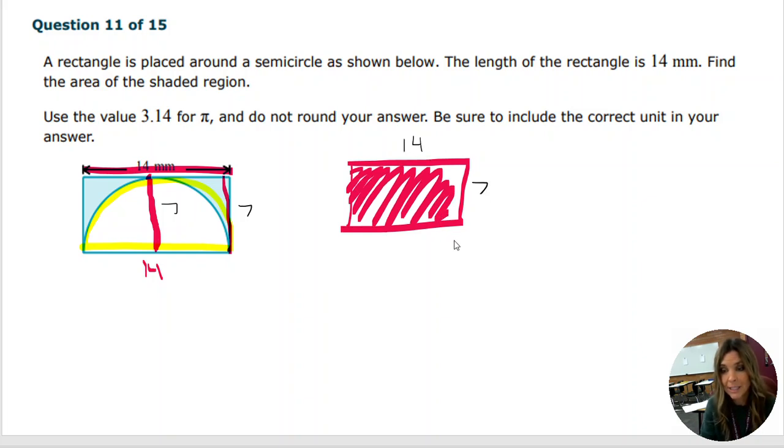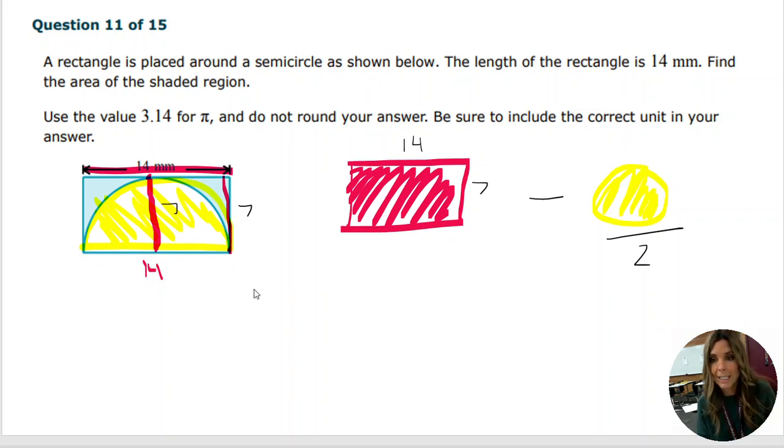We now know that this is 7, and then we're going to subtract out the area of half of a circle. This is only half of a circle. So what we're going to need to do is find the full area of the circle, and then when we're done, we're going to have to divide that by 2 because we only want half of it.